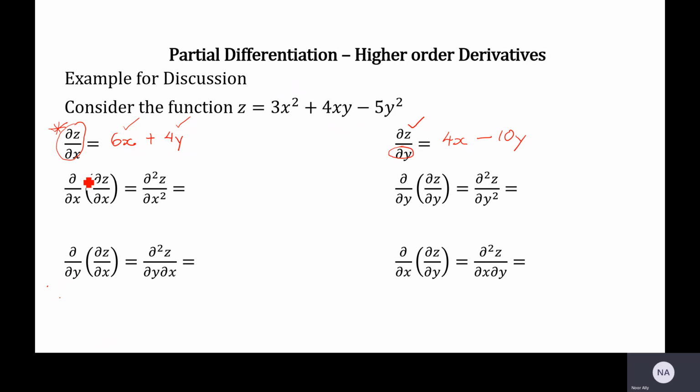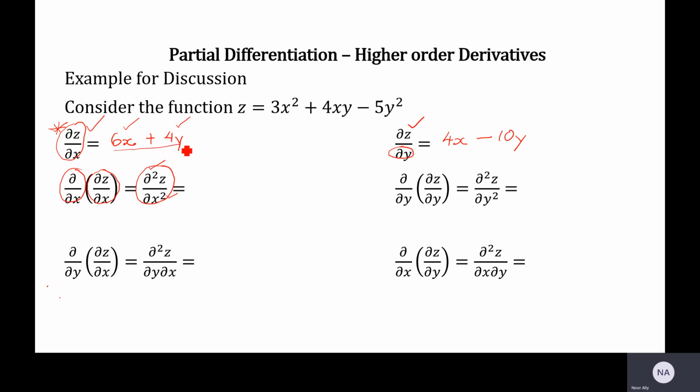So look at the notation. That means I want to differentiate partial dz dx with respect to x. How do I write that? Partial d2z partial dx squared. So watch the notation. When you see that, that means differentiate with respect to x once and again, twice. Now, how do I go about that? Very easy. This is the first partial derivative with respect to x.